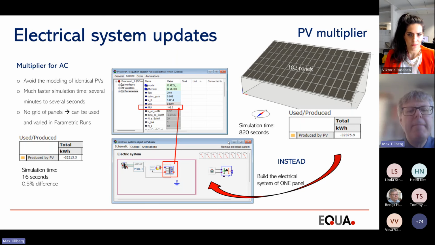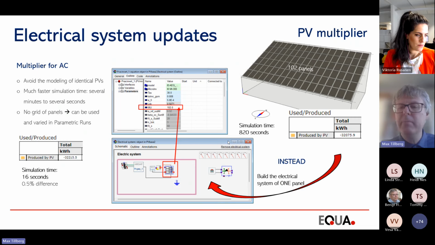So yeah, there are great speed ups that can be made depending on the situation. But of course, this assumes that you don't have varying shading. Otherwise, this would probably not be a good idea. Well, maybe it would be a good idea, but you wouldn't be able to estimate that, and you wouldn't get the same result either.